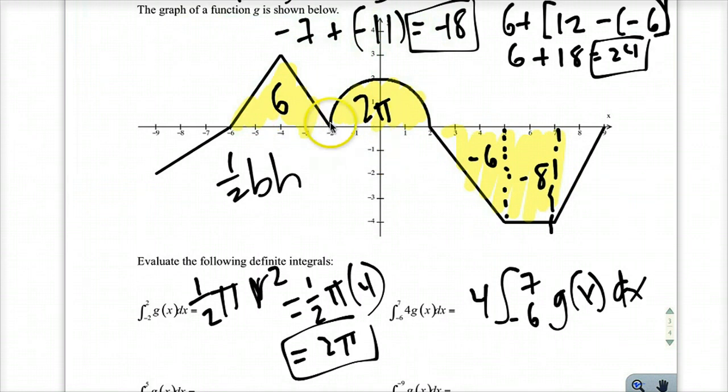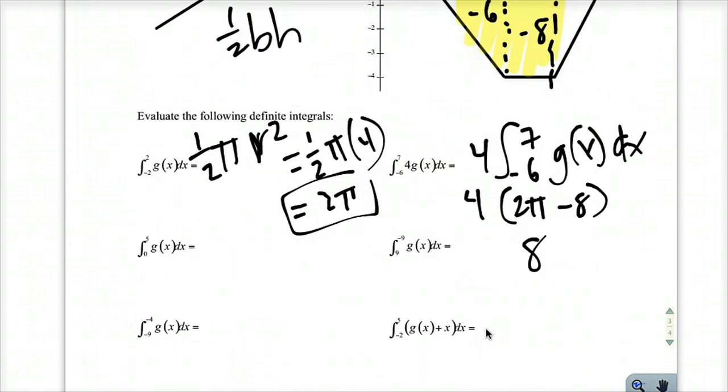You may notice that these cancel, so the answer is 2 pi minus 8. So this whole thing just turned into 2 pi minus 8. Remember I factored out a 4, so my final answer is going to be 8 pi minus 32.